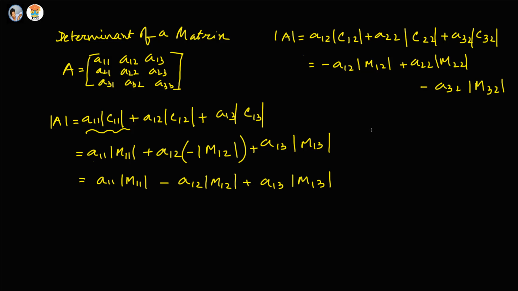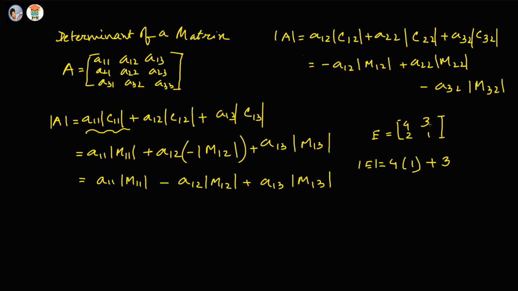Now if we take an example, say E is a matrix which is equal to 4, 2, 3, 1, and this is a 2 by 2 matrix. Now what will be the determinant of E? Element 4 multiplied by its cofactor 1 plus the second element 3 and its cofactor.